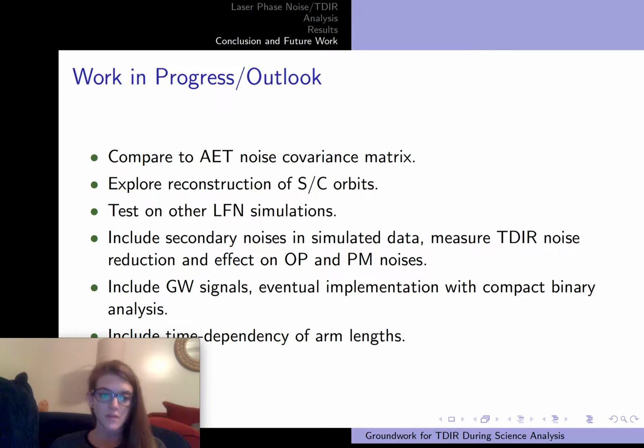So this is what we mean by making the inferences marginalized over the arm length uncertainties. And eventually do second generation TDI, so account for the time dependence of the arm lengths.